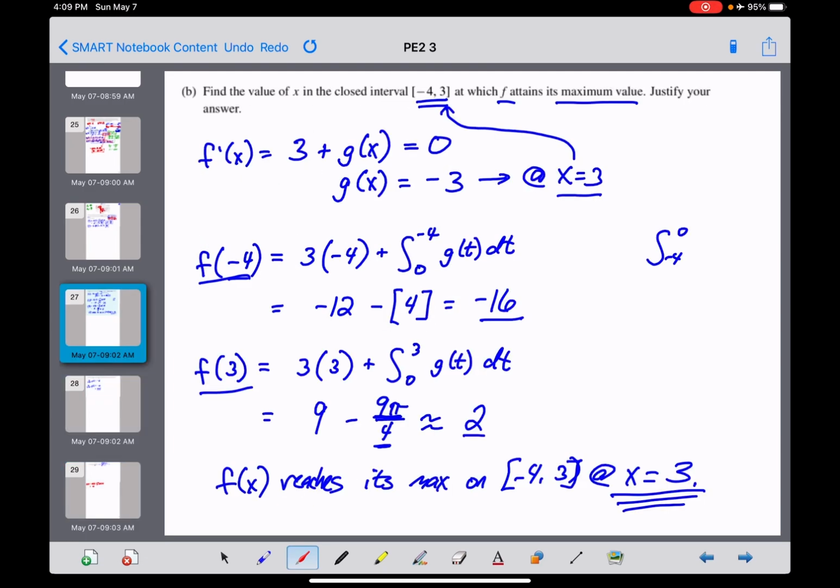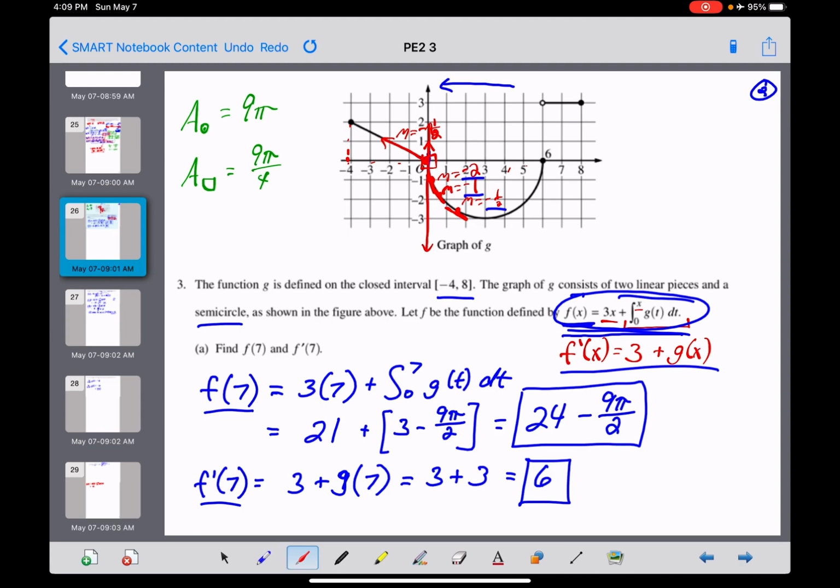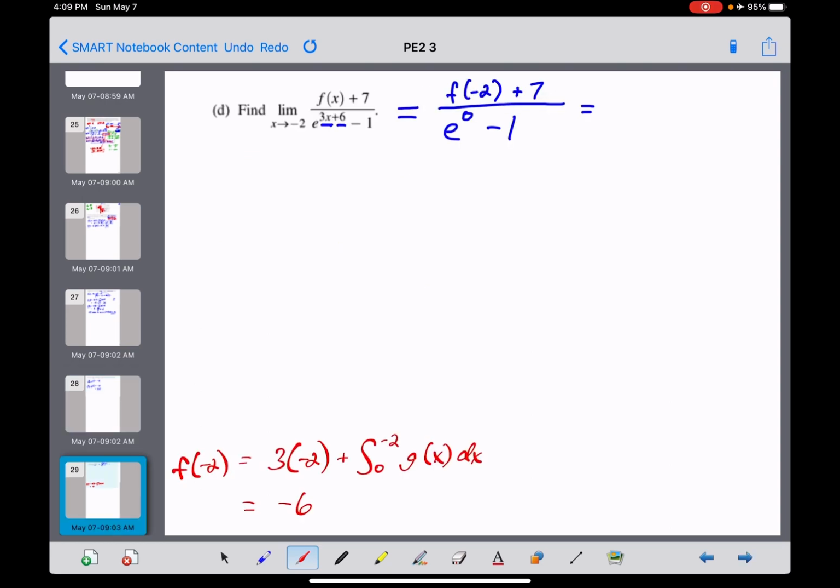And now the integral from 0 to negative 2. So we're talking about this region that I'm shading right there, guys. So what is it? Triangle, base of 2, height of 1. So the area of that triangle is going to be 1. It's above the x-axis, so it would be positive. However, the limits of integration yet again are backwards, so that should be a negative 1. So f of negative 2 ends up equaling negative 7.